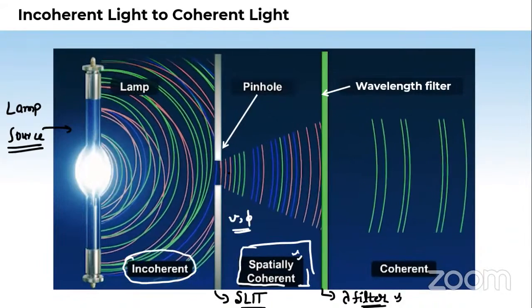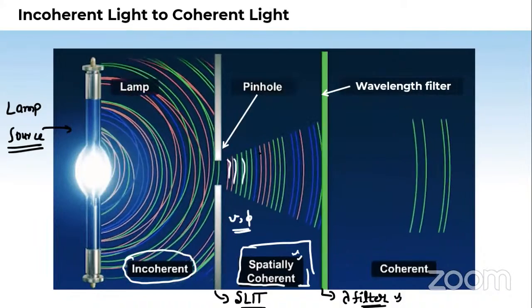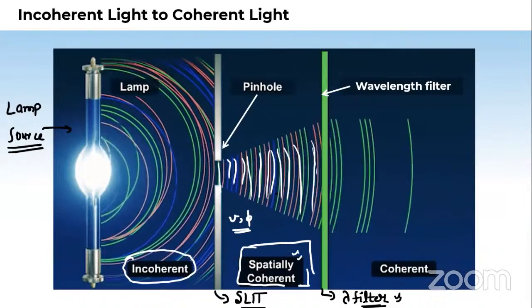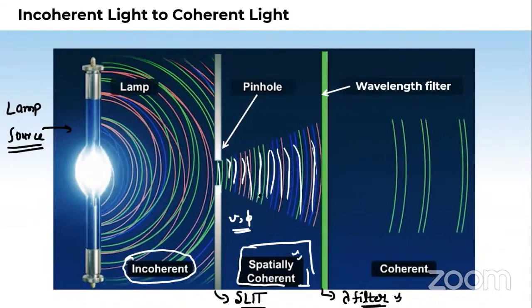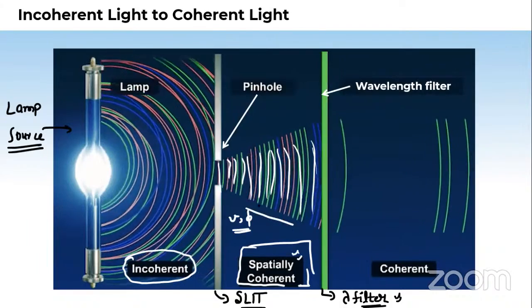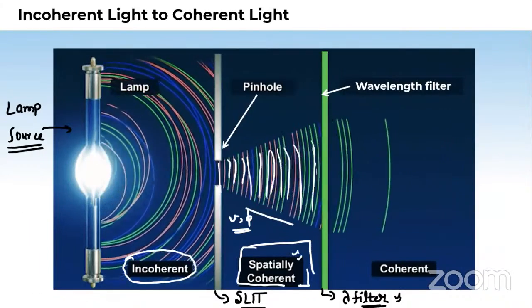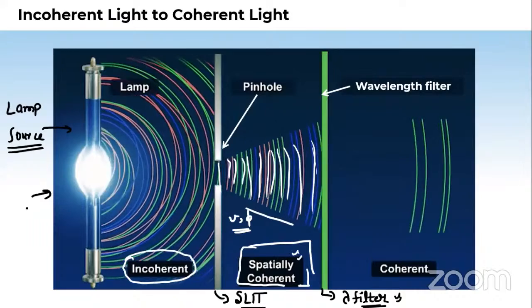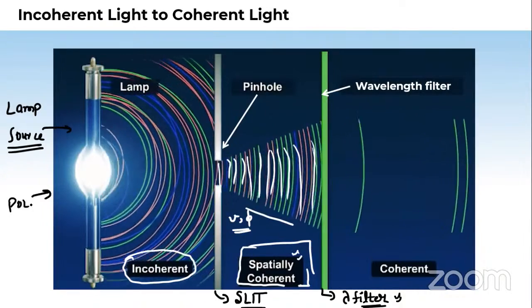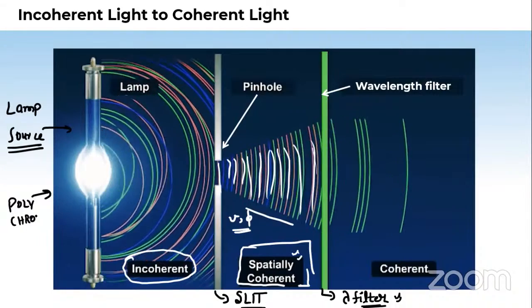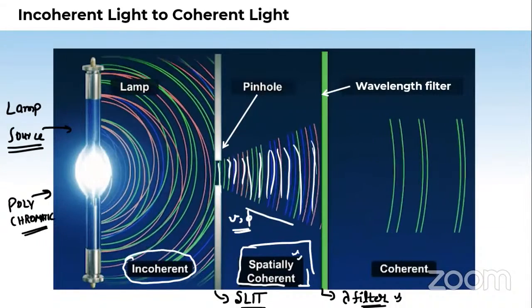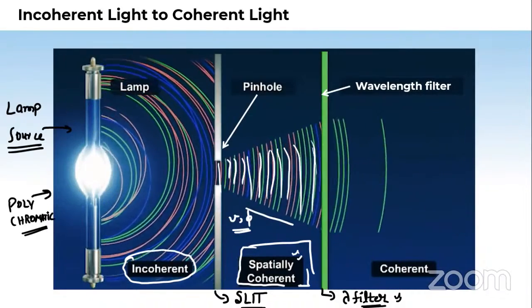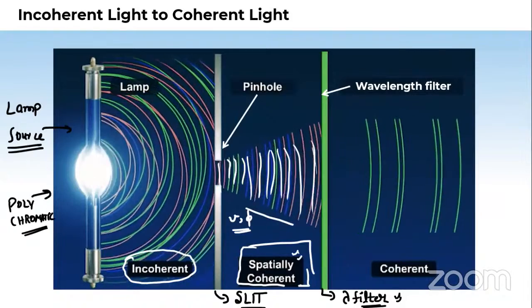So you can understand from this, the light waves are going like this. So what is happening in the first side? This gets converted into coherent. The light of the lamp is actually polychromatic. When light waves pass through this slit, it becomes coherent.